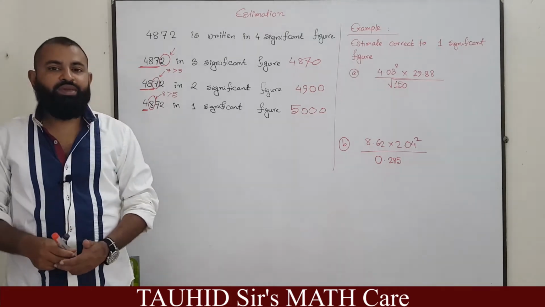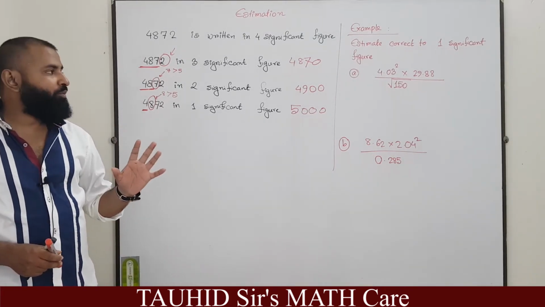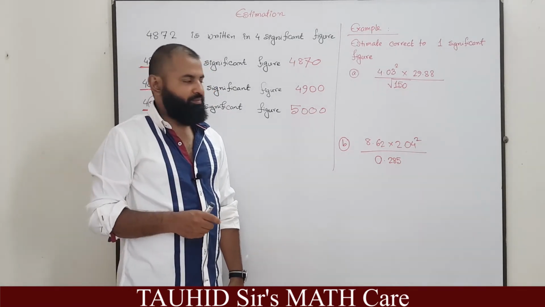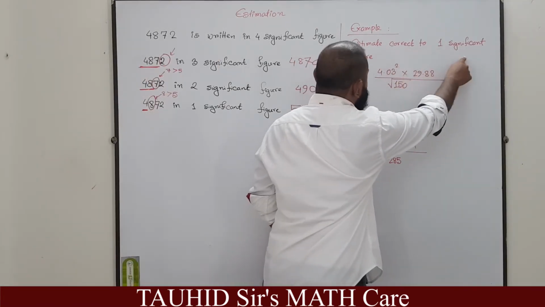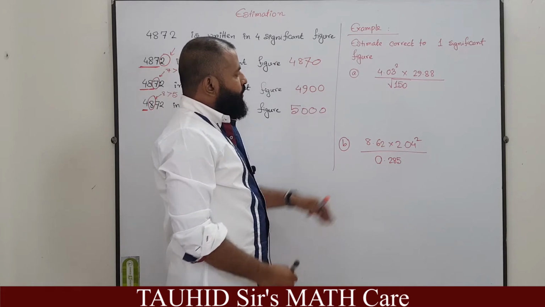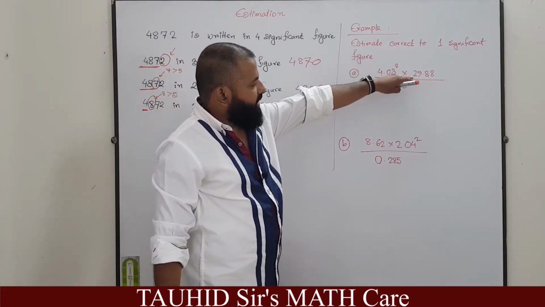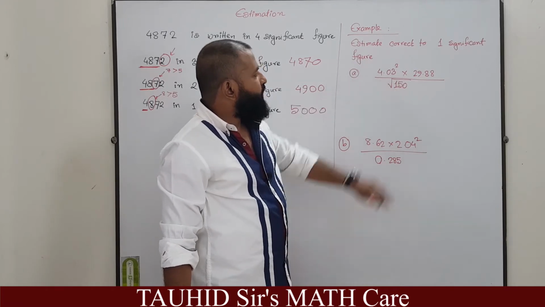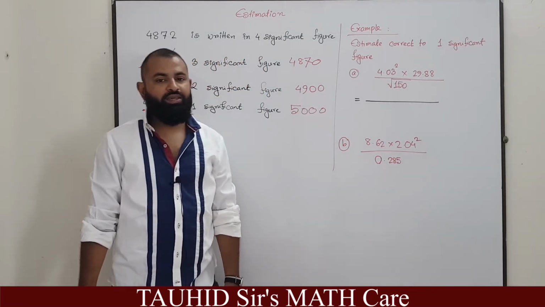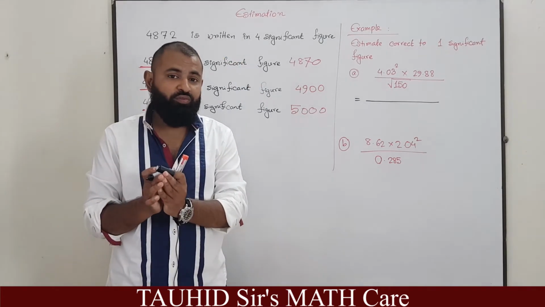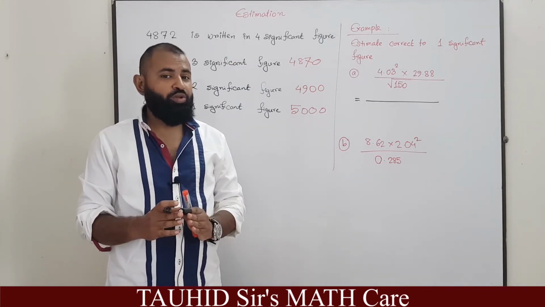Now we will see some examples of the type of maths that appear in your Cambridge O-level exam. Estimate correct to 1 significant figure. Question number 1: 4.03 squared multiplied by 29.88, over the square root of 150. In this type of question, we will take the significant figures that are more suitable.